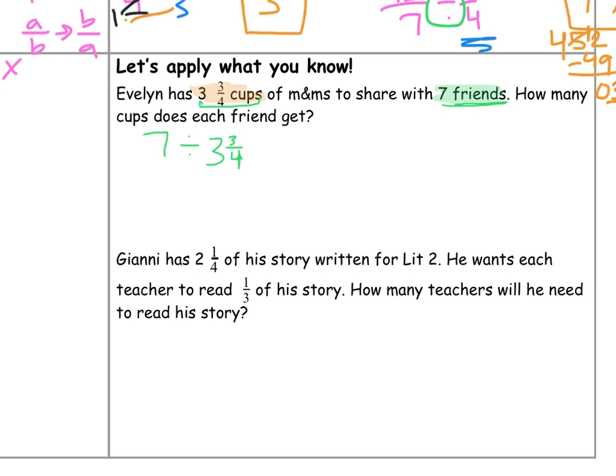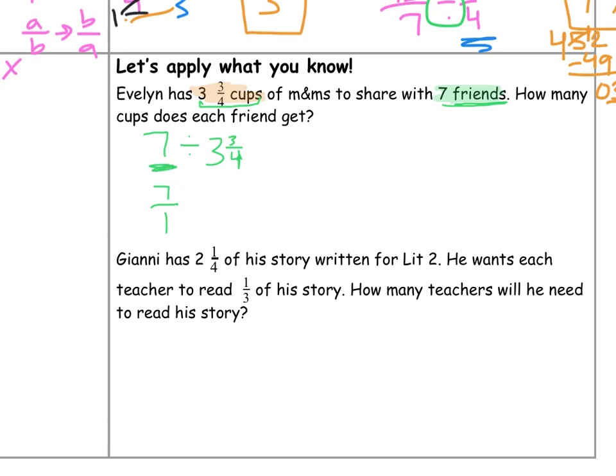So since we are dealing with fractions, we need to turn this 7 into a fraction. So we're going to turn it into 7/1, and that's because if you put any whole number over 1, it's just like saying 7 wholes.